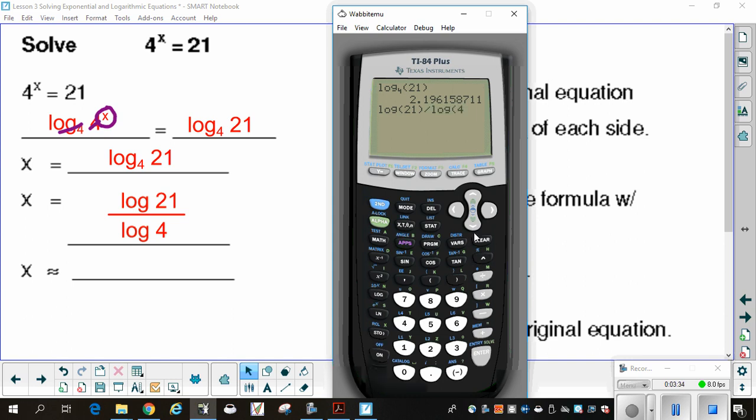Now here, you can use the closing parenthesis or you don't have to. An ending parenthesis will be put on if nothing is there. I have to put it here, otherwise I'm going to do 21 divided by log 4 and then take the log of that. That's not what I wanted. 2.19615, same thing. So notice, the change of base formula is just what this guy is doing. This is just making us have to remember it.